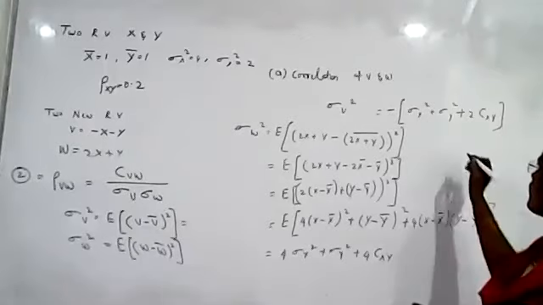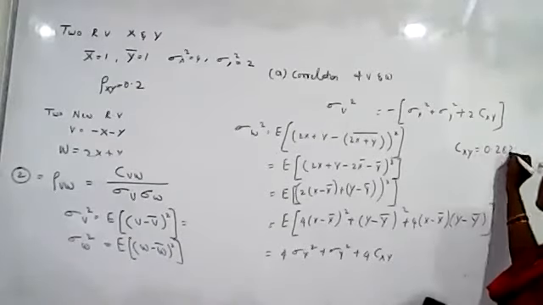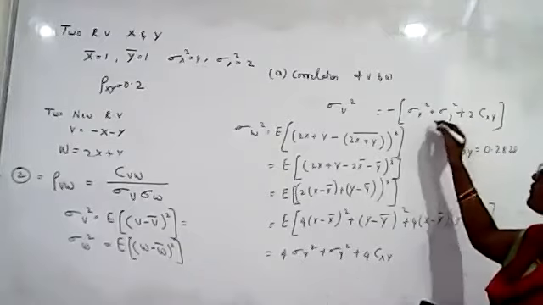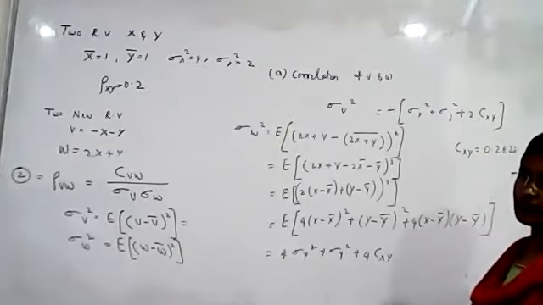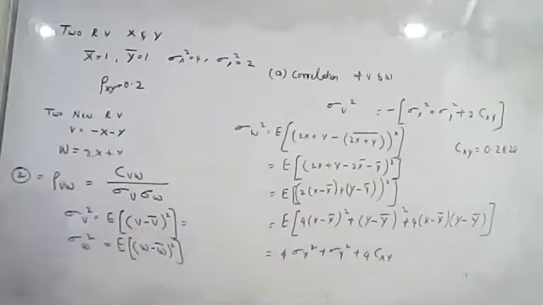Cxy we just now found out, we got it as 0.2828. Sigma x square, sigma y square values are given in the problem. Find out sigma V and sigma W, and then we have to find out CVW.